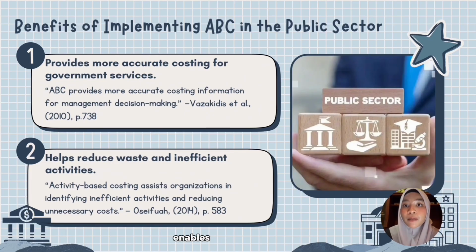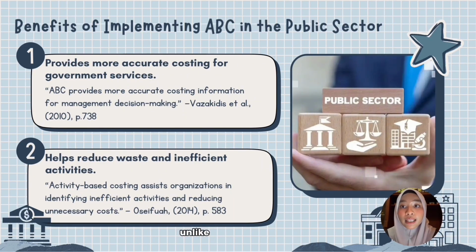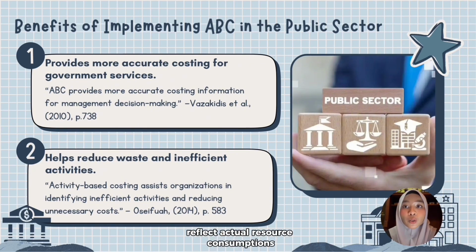ABC enables public organizations to identify the actual costs involved in delivering a service by tracing costs to specific activities, unlike traditional costing methods, which often allocate overhead costs using a single basis. ABC uses multiple cost drivers to reflect actual resource consumption. As a result, government agencies can obtain more reliable cost information and evaluate the efficiency of public services more effectively.